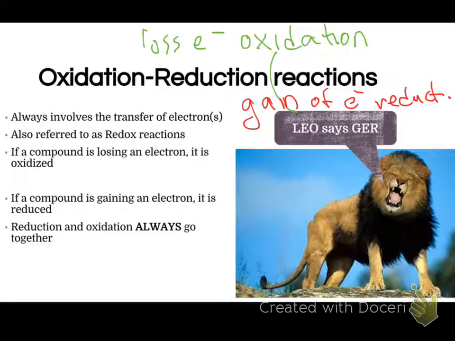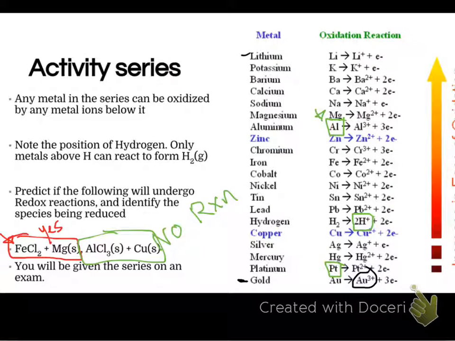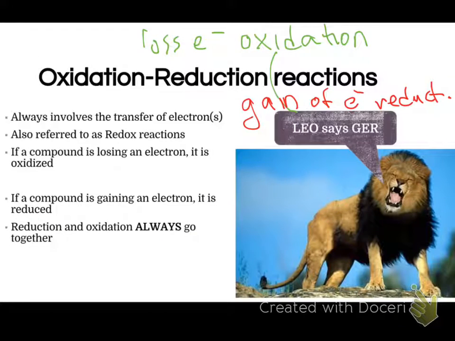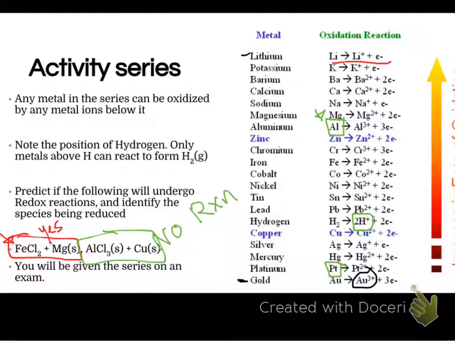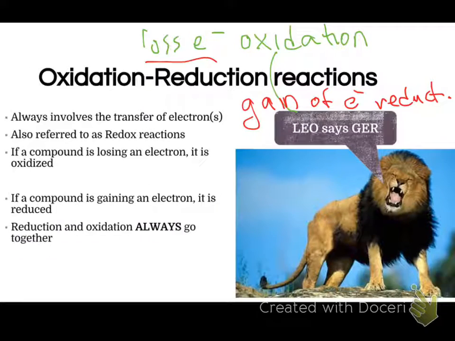So oxidation is what happens when things lose electrons, and reduction is what happens when they gain electrons. Like this process of lithium going to lithium plus and 1 electron is producing an electron. So it's losing an electron, giving it away, so that means it's an oxidation. So this activity series is also a listing of oxidation strength. Lithium is the strongest to be oxidized, and gold is the weakest.